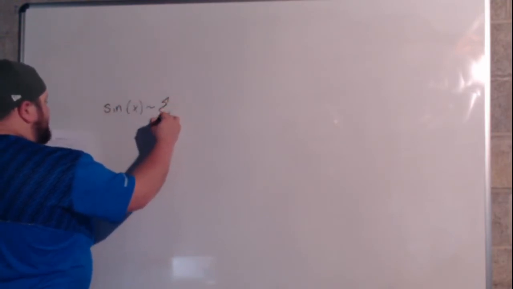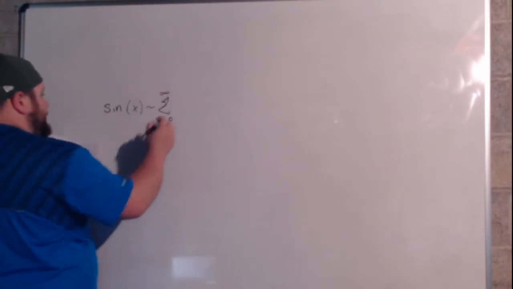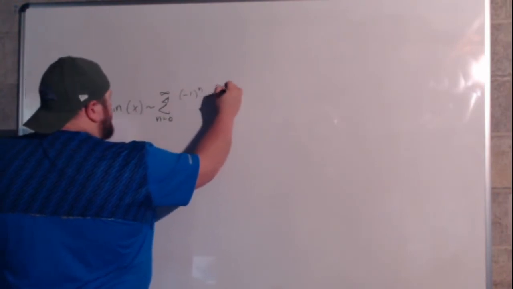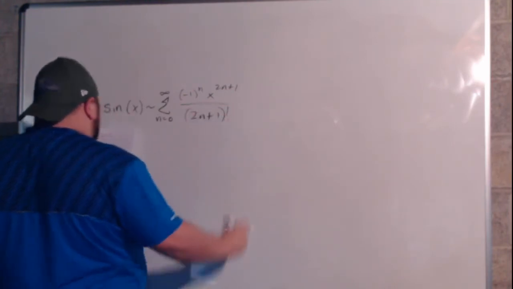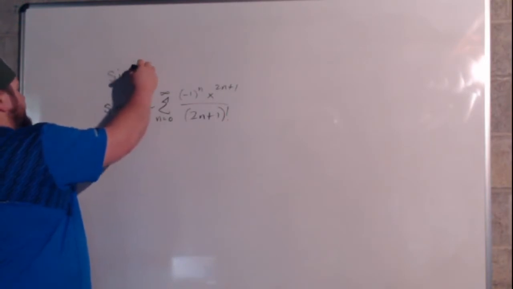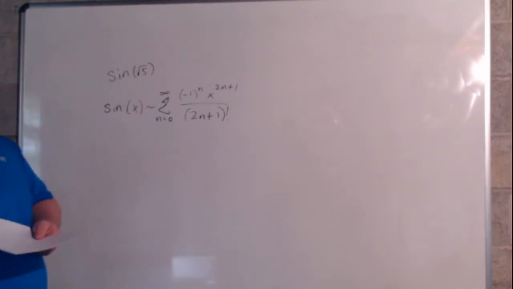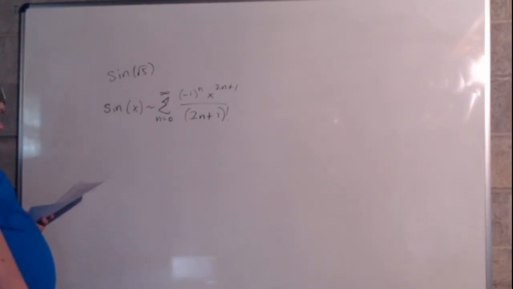So it tells us that sine is equivalent to this summation, and they want us to approximate sine of the square root of 5. And it asks us to use 3 terms, 6 terms, and then 10 terms.